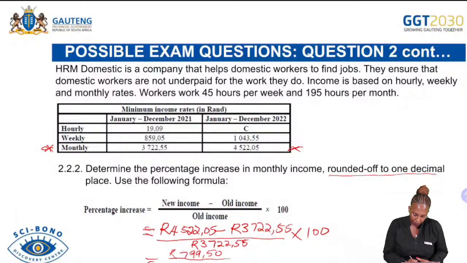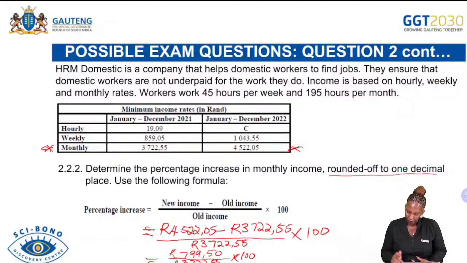So we have a difference of 799. We divide it by what? By the old income, which is 3,722 rand 55, and then we multiply it by 100. So now we divide this amount by 3,722 rand 55, and then we get the answer. We multiply it by 100.